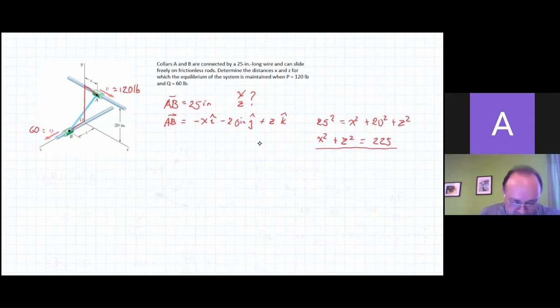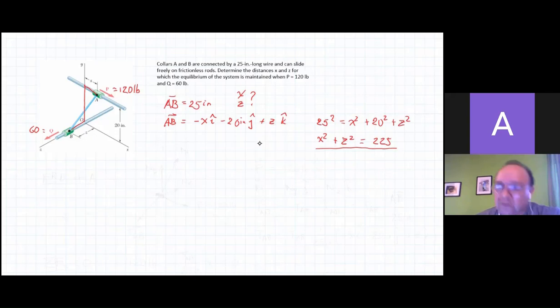The other equations that we can set up are the equations of equilibrium of the collars. We have to use those equations because the distances x and z are the necessary distances to maintain the equilibrium of the system. So let's set up equilibrium equations.